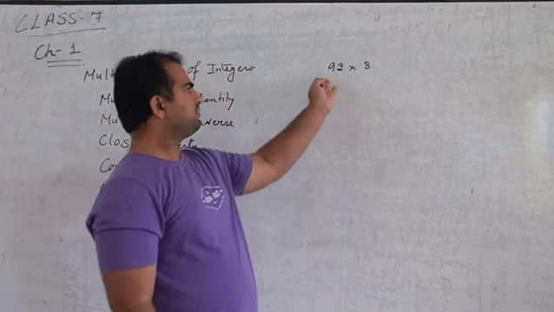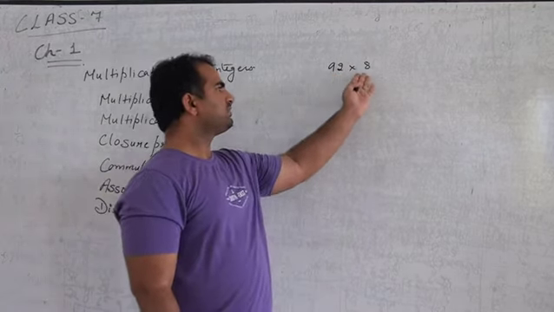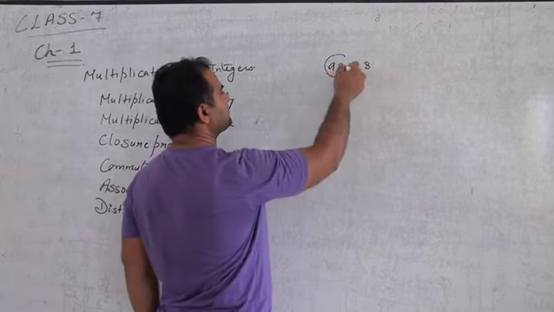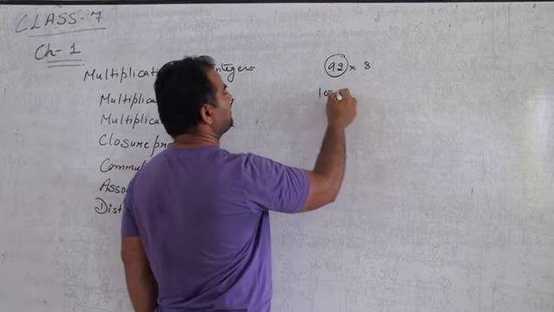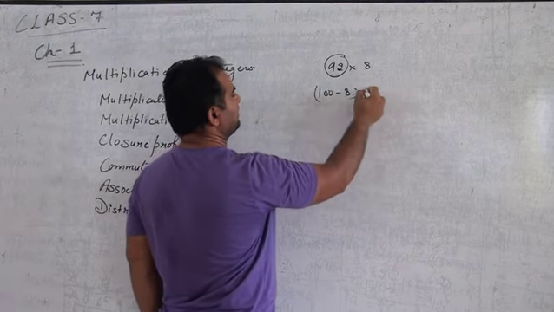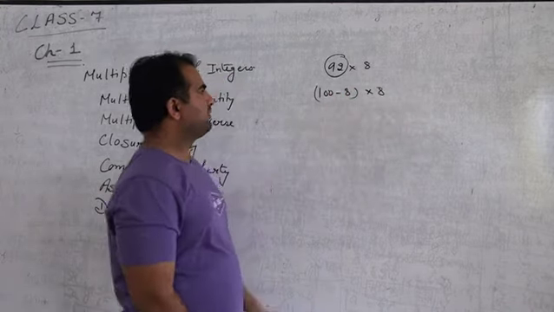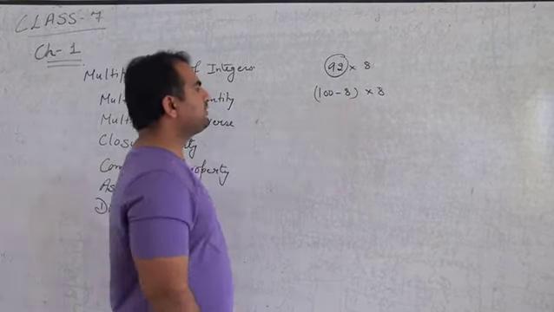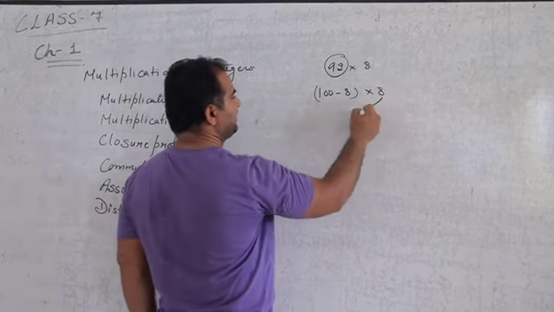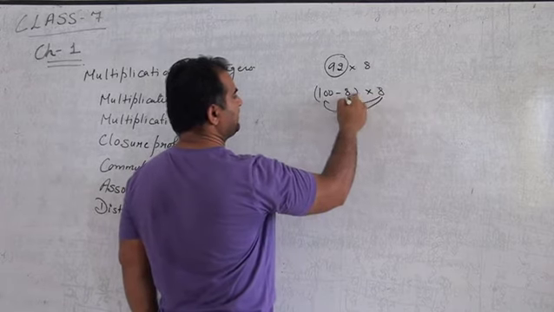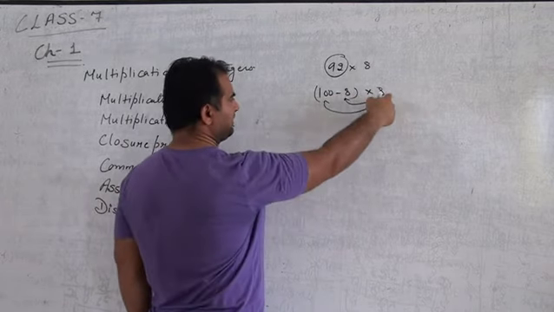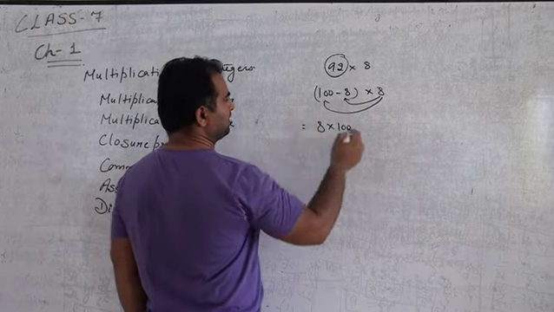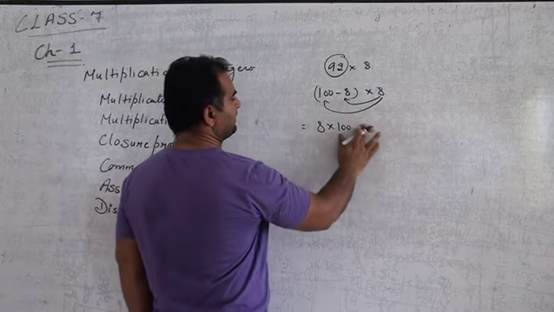I don't know the table of 92, but we can write 92 as 100 minus 8, into 8. Can we write 92 equal to 100 minus 8? So first of all, multiply 8 by 100 and then 8 by 8, keeping the negative sign.